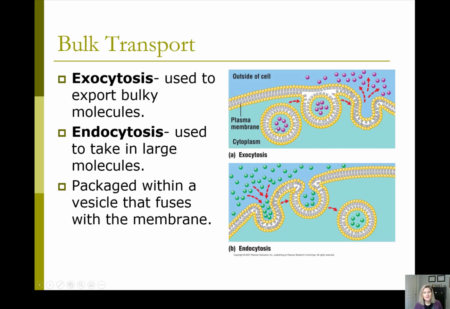And you can see how that transport vesicle is going to fuse with the plasma membrane. Since that lipid bilayer is fluid, it's going to rearrange itself and become part of the plasma membrane, which is expanding at this time, and that is going to allow the substances inside that transport vesicle to leave the cell.